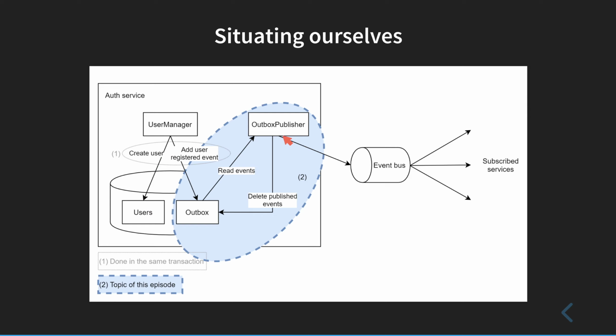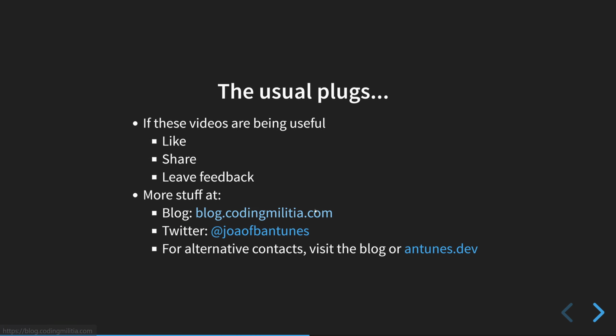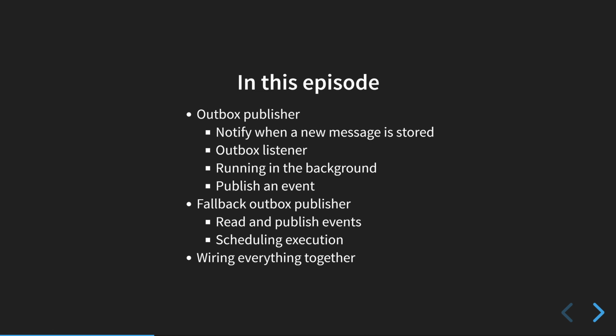The actual publishing part will come in the next episodes where we introduce Kafka and implement publishing and subscribing using Kafka. So let me go back to the list just to have an idea, and we'll start with the Outbox publisher and notifying when a new message is stored.